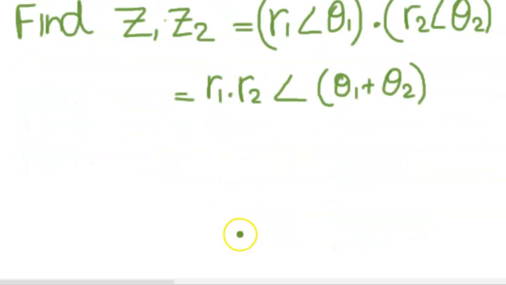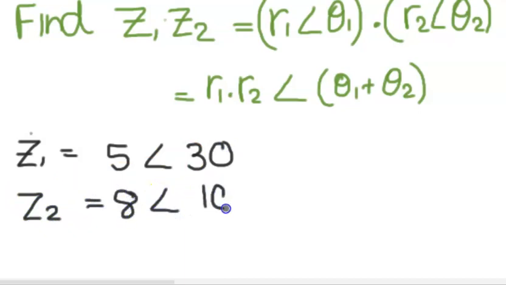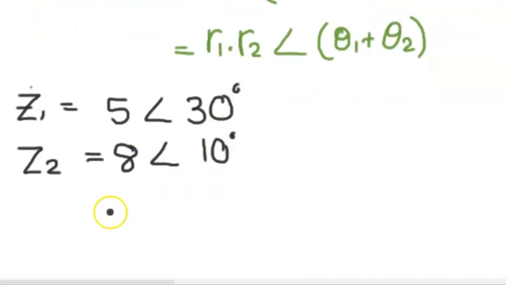Now imagine there is an example where z1 is given by 5 angle 30 and z2 is given by 8 angle 10 degrees. I want to find z1 z2 according to the rule.